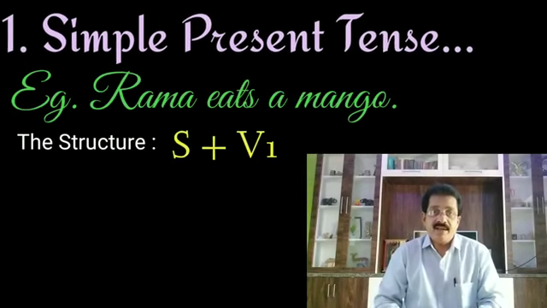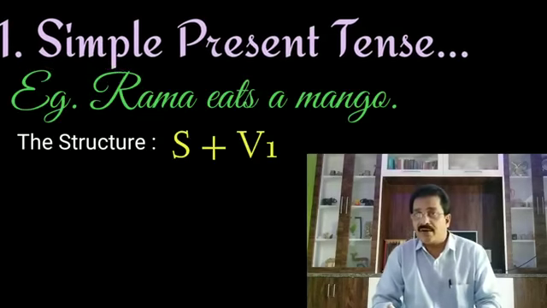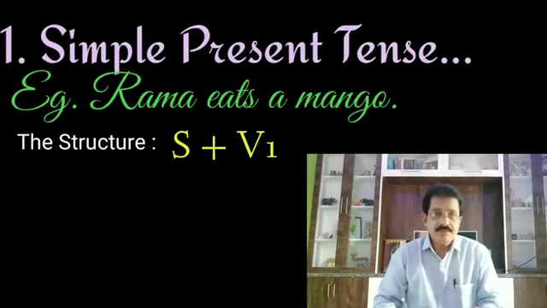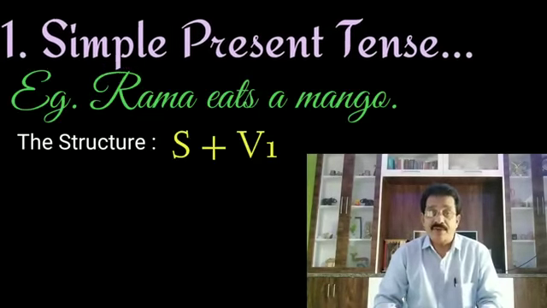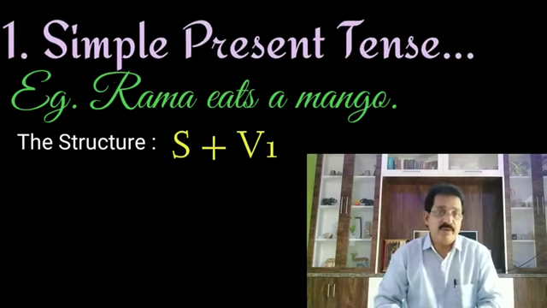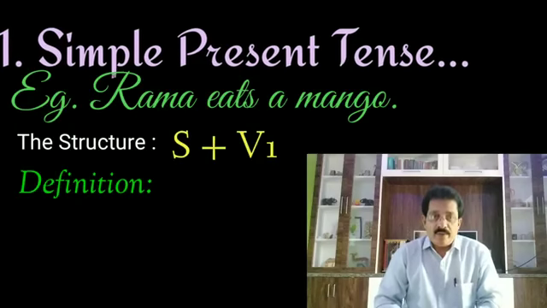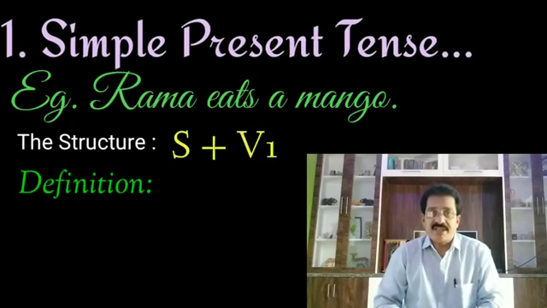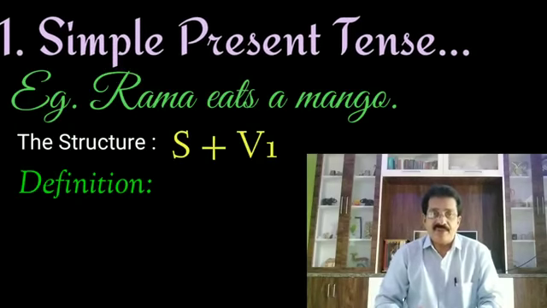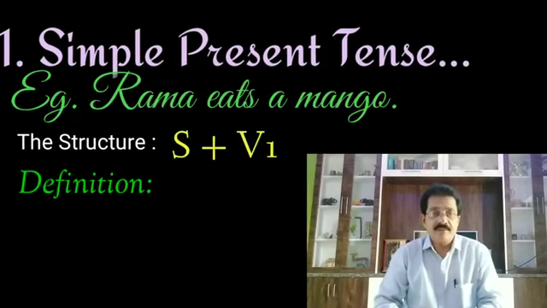So that is the reason whenever I give you the formula or the structure of the sentence, I'll be telling V1, V2 or V3. So remember what these are. Now when do we use this simple present tense? What time is shown? Very simple.